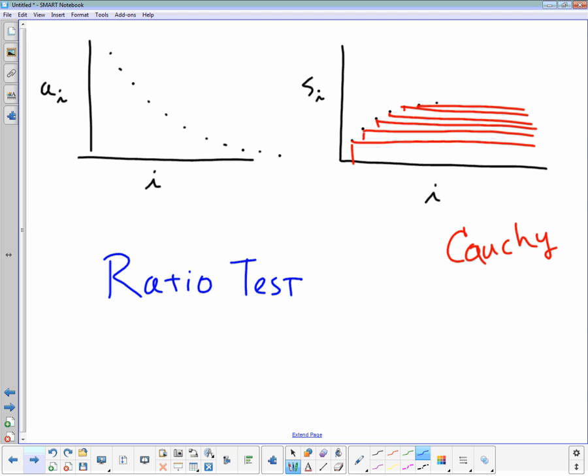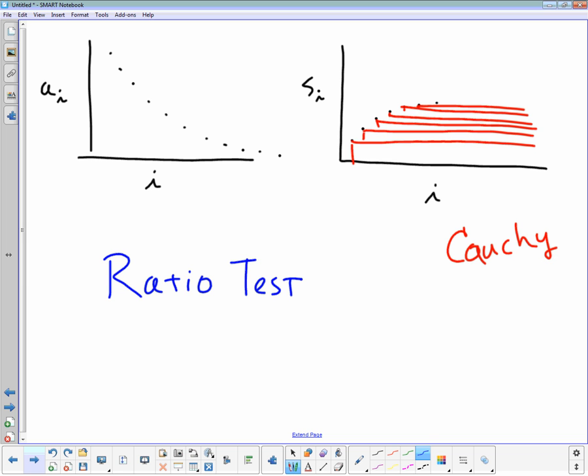Okay, we actually were talking about the ratio test a minute before without really even giving it a name. I said that the term in front of me has to be smaller than the term behind me. I can't be getting bigger, because if I'm getting bigger, then I'm in trouble. And if I'm staying the same, I'm in trouble. It has to be getting smaller, right?